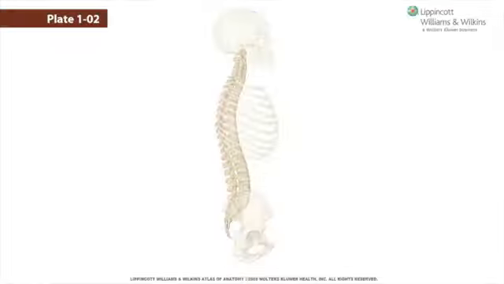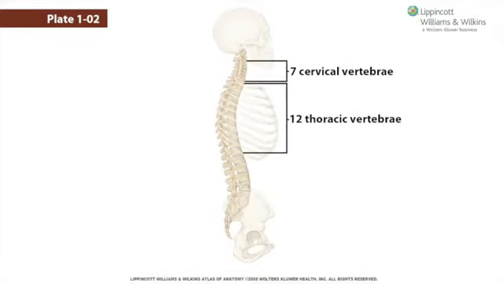The vertebral column is made up of 33 vertebrae, which may be grouped into 5 categories. There are 7 cervical vertebrae associated with the neck, 12 thoracic vertebrae along the posterior aspect of the thorax, and 5 lumbar vertebrae posterior to the abdomen. These vertebrae are often referred to by just a letter and a number.